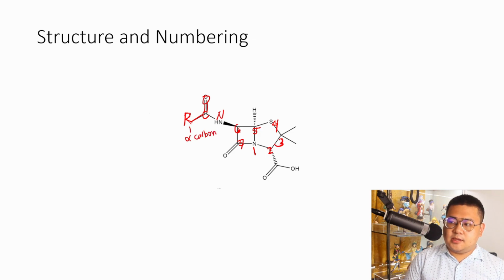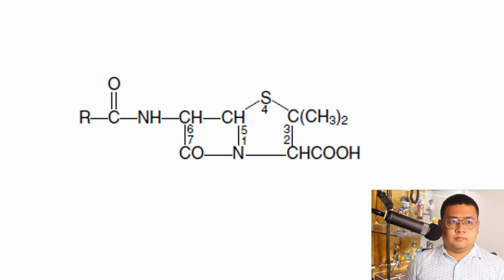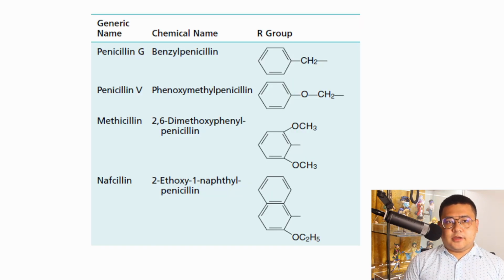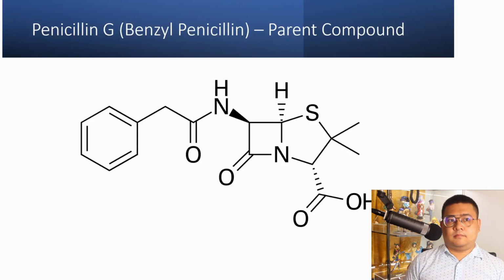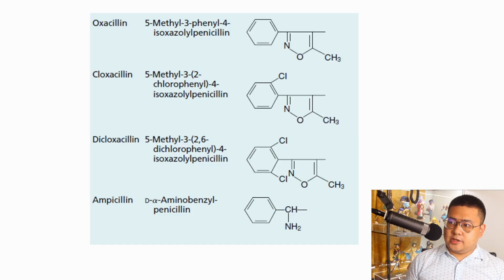So this will be used later. Again, this is the structure. Here on the screen, you can see the different R groups that will be presented later. Here is a continuation of our R groups.